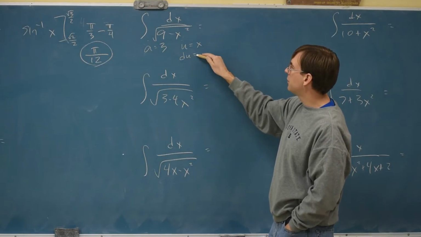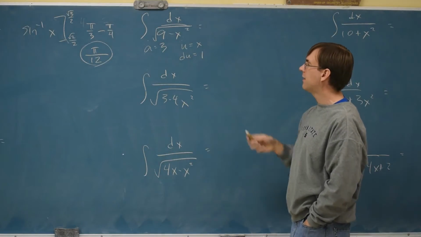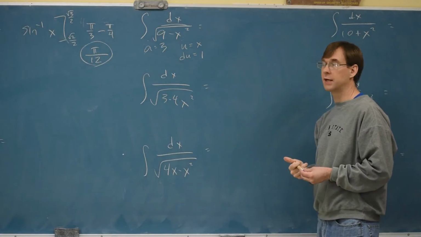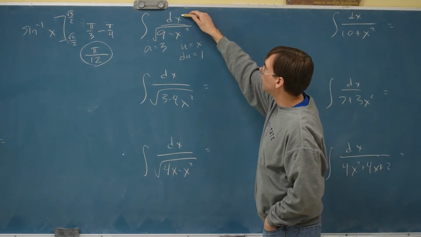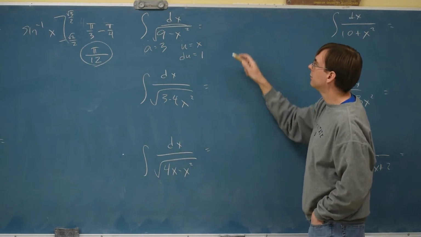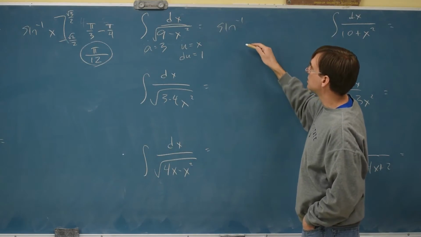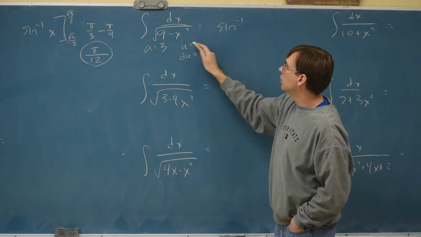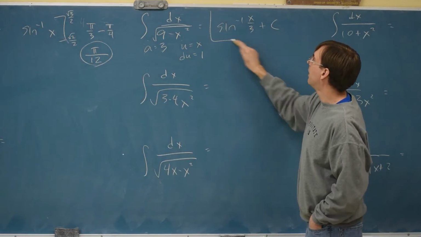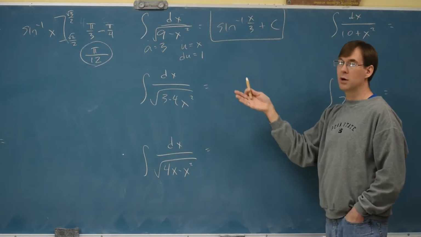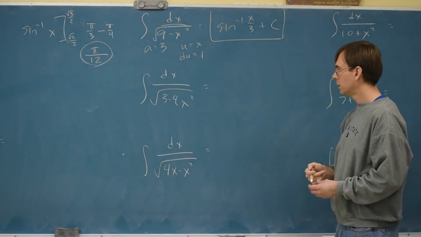I should think about the derivative of the u always, but again, this time it's 1, so it's worthless like it was last time. Make sure that derivative's on top, which a 1 is always everywhere. And then this is just inverse sine u over a, x over 3, plus c, and we're done much quicker that time because there weren't numbers to play in.